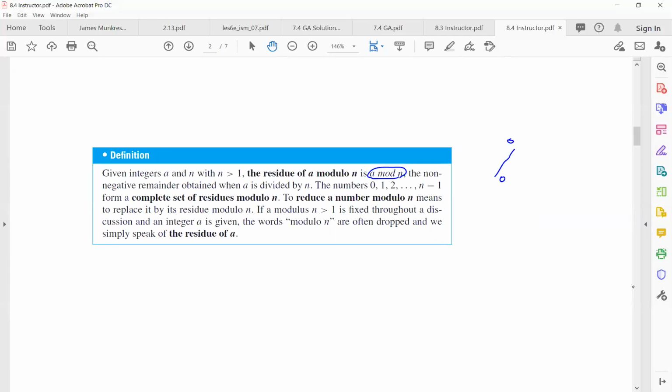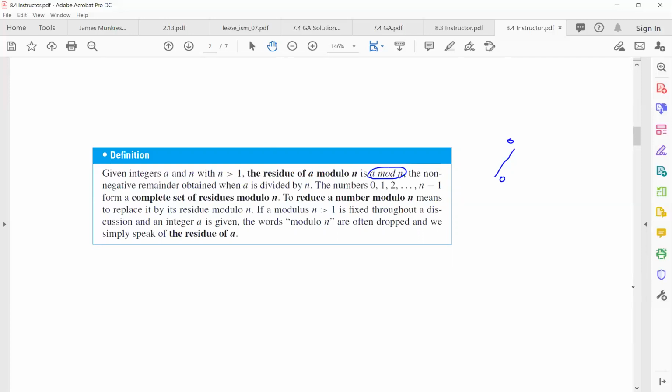After doing the division between these two numbers, we get either remainder 0 or remainder 1 or remainder 2 or remainder n minus 1, which form a complete set of residues modulo n. To reduce a number mod n means to replace it by its residue mod n.